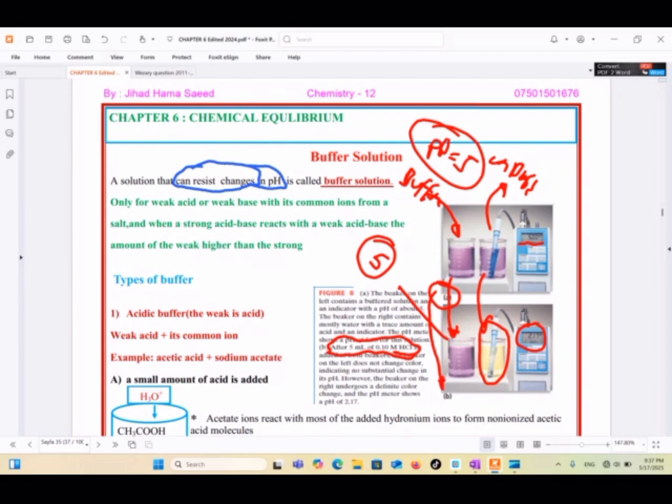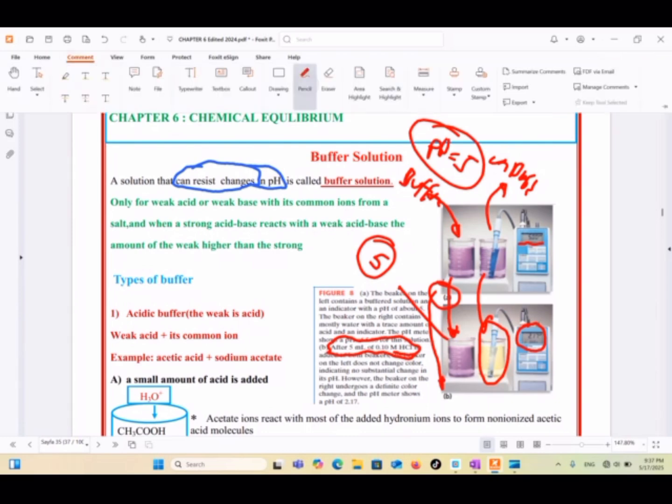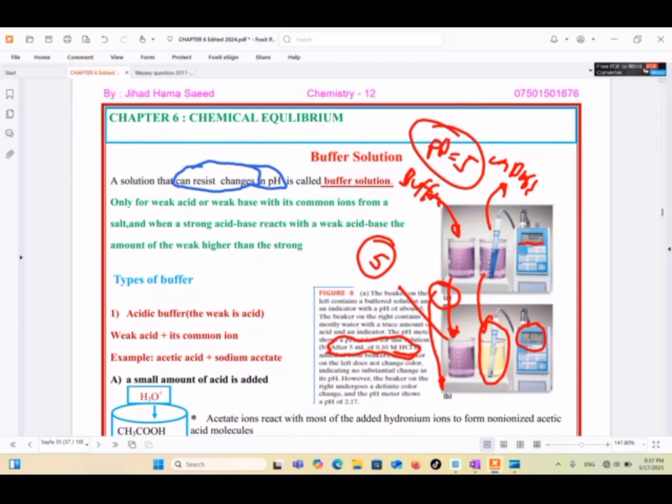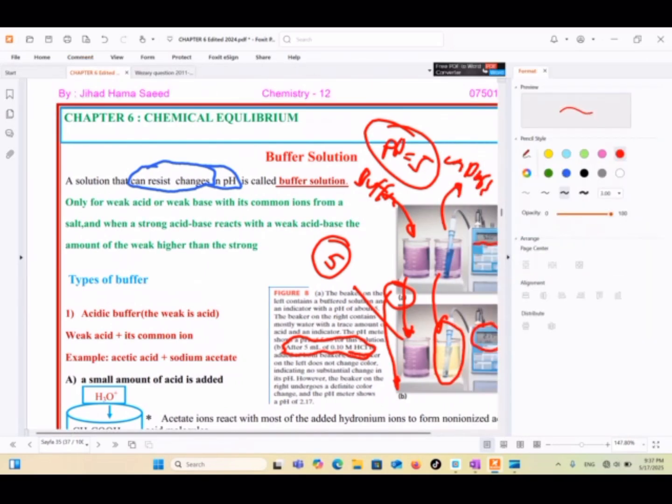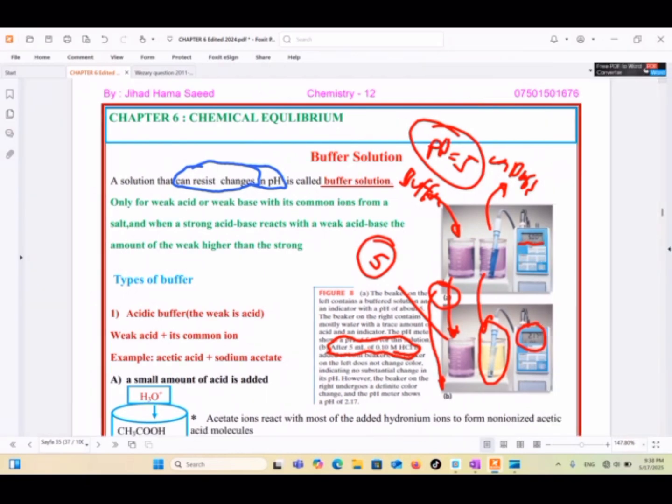What are the types of the buffer solution? We have got two types of buffer solution in our curriculum. The first type is the buffer solution that can be formed between a weak acid or a weak base with its common ion from the salt.